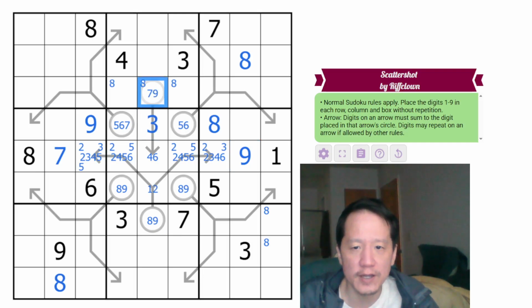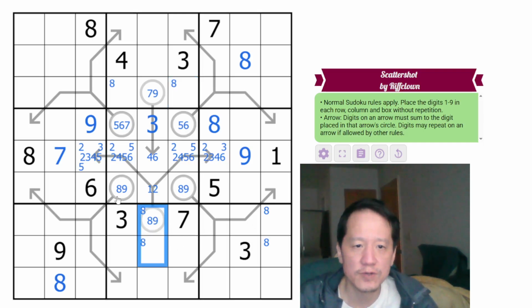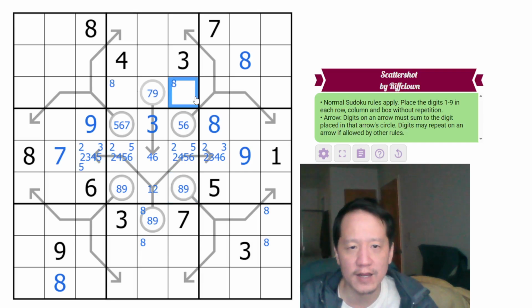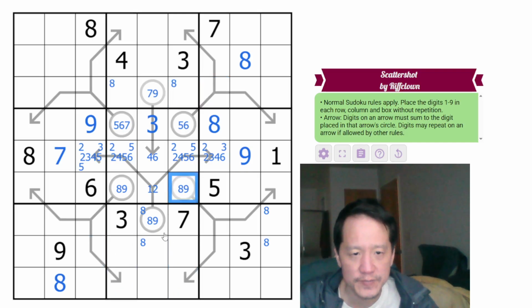This can't be 8 anymore, which means one of these two is an 8. Which means 8 has to be one of these two cells, right? Because 8 has to be one of these in columns 4 and 6. And it has to be one of these two in columns 4 and 6. So the rest of column 4 and 6 cannot contain an 8.